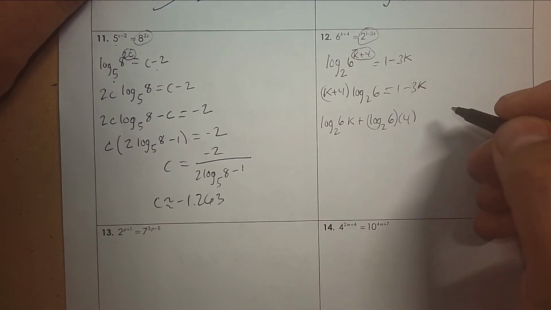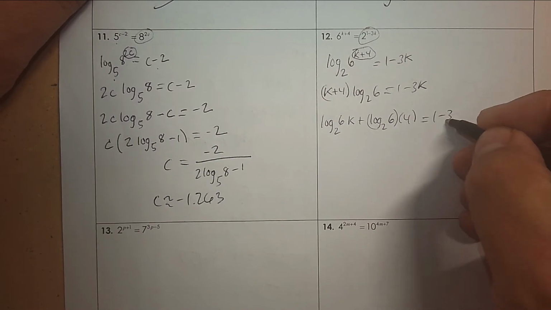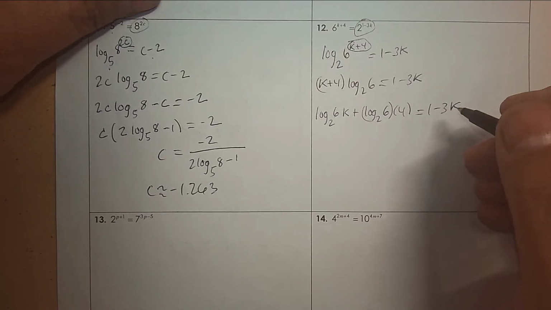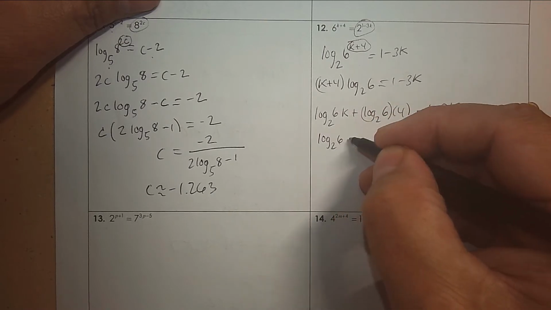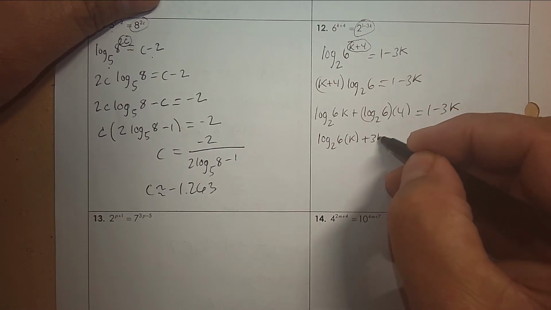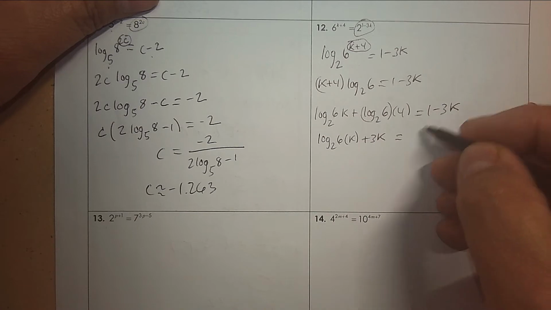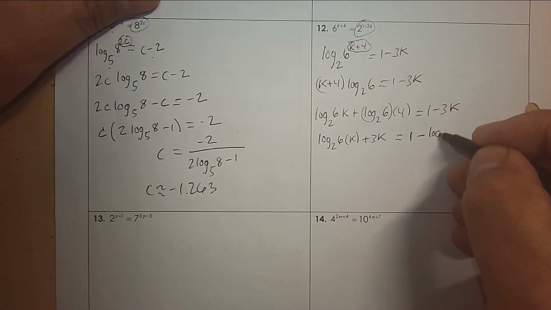You can't combine them together, but we can write them beside each other. Then we need to recognize the terms that have a k in it. We have a k. Here I'm going to add 3k, so the k's are together. On the other side I have a 1, and I'm going to subtract the other logarithm to the other side.